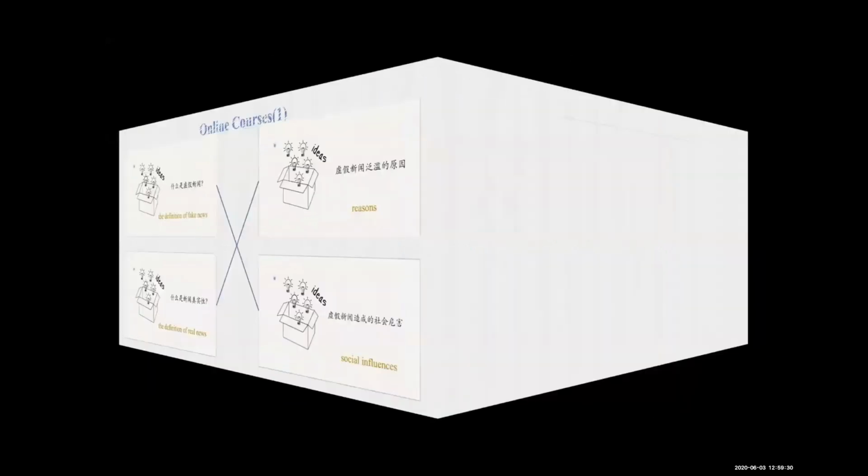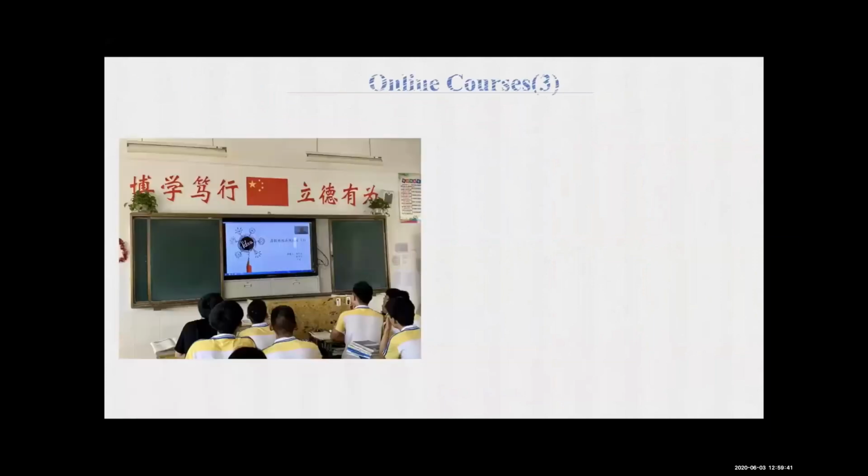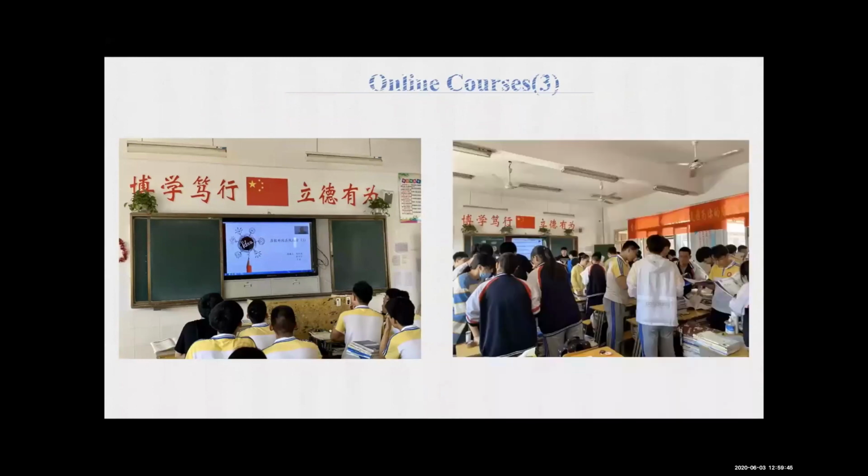The second course provides some methods of identifying fake news. And the third course aims to lead students to create their own materials. For the third course, our collaborator helps us carry out class discussion and lead students to create their own materials.